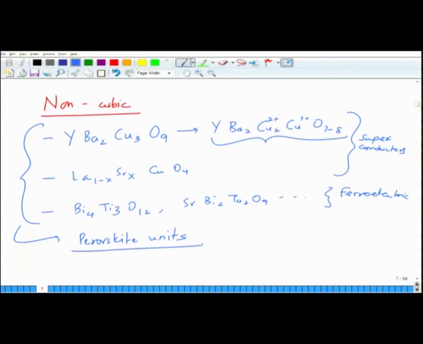There are a lot of manganites as well. For example, lanthanum strontium manganese oxide, LSMO, LaSrMnO3. This is again a magnetic oxide, it is a colossal magnetoresistive oxide. These are also perovskite structured compounds. So, these are some of the cubic and non-cubic structures.